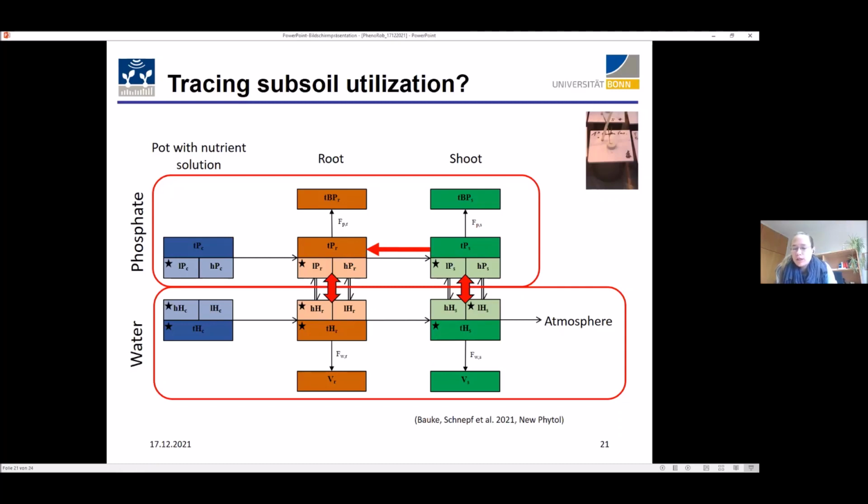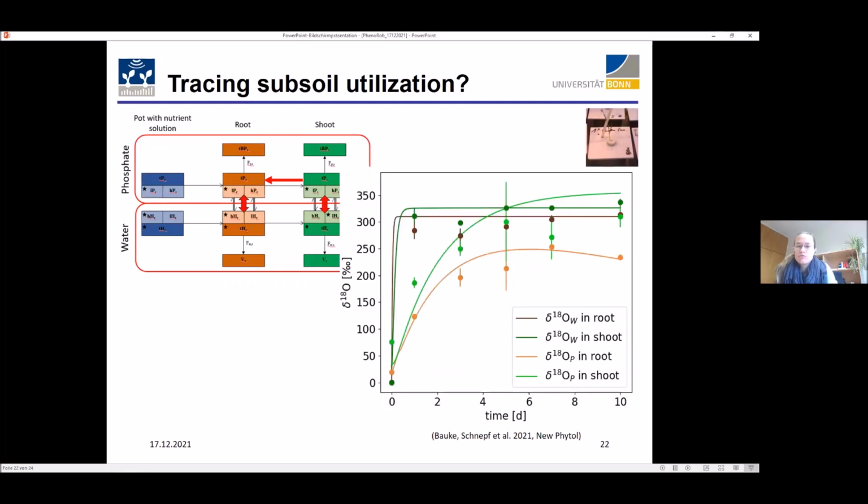And eventually, with that model, we were able to replicate the experimental results of that greenhouse experiment quite nicely. So the lines here are the outputs of the model, predicted trends in isotope values from the model.